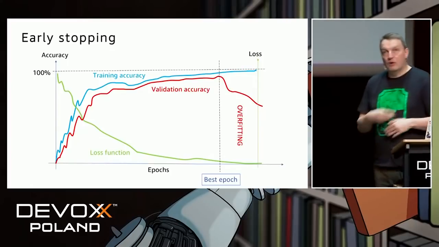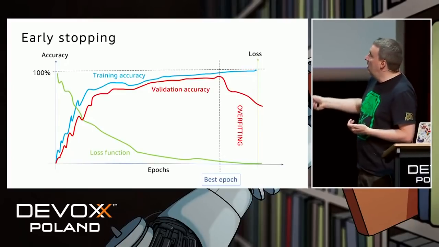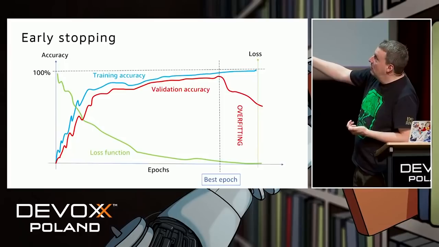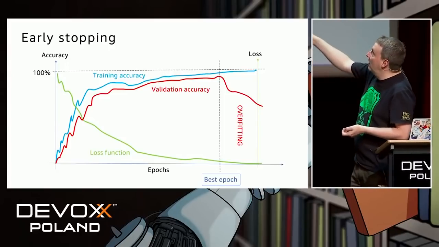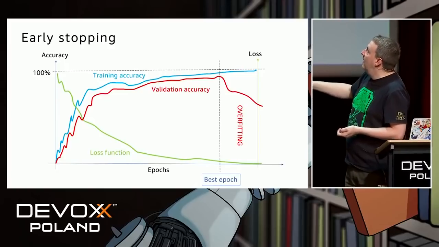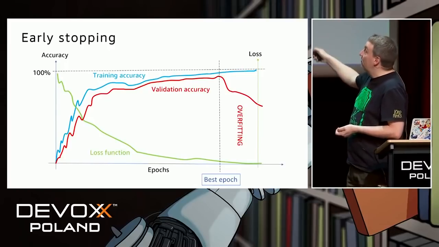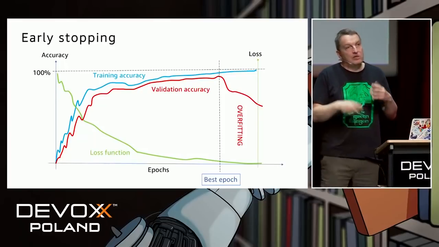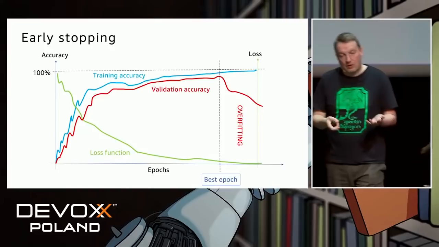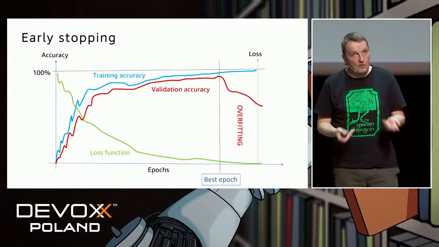So this means that when you're training, you should really plot this. You should keep an eye on the training accuracy, of course, but you should also keep an eye on validation accuracy. And you should plot this at the end of training and decide which one is the best epoch, right? Which version of the network should you actually use for prediction?